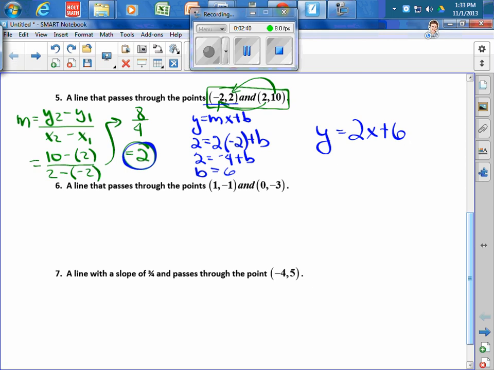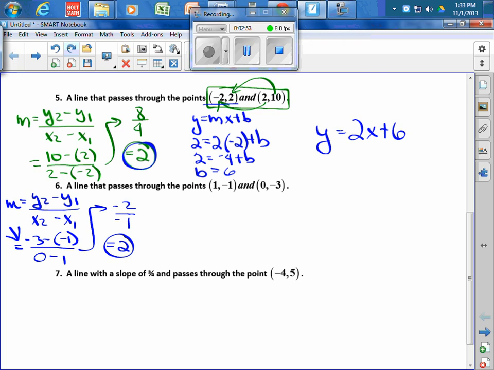In number 6, we want the equation of the line that passes through these 2 points. Well, you have to use your slope formula to find the slope of the line that goes through those 2 points. And you get negative 2 over negative 1, which is positive 2. Then you have b.